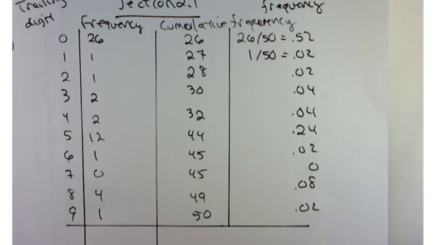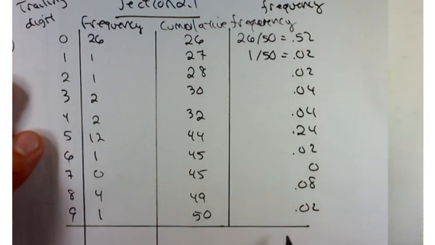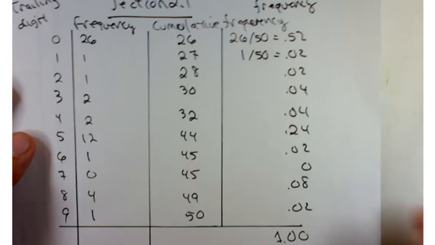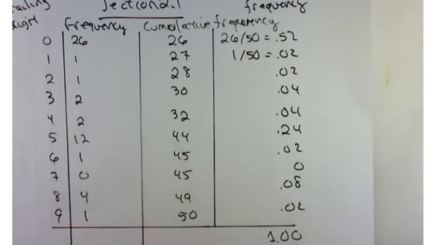Now, in absence of any rounding errors, what should this total be? 1. Because it's 100%.